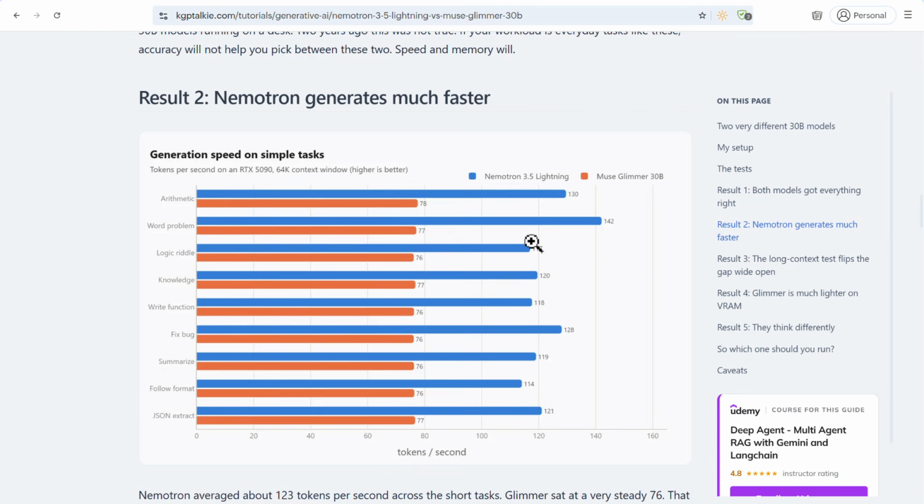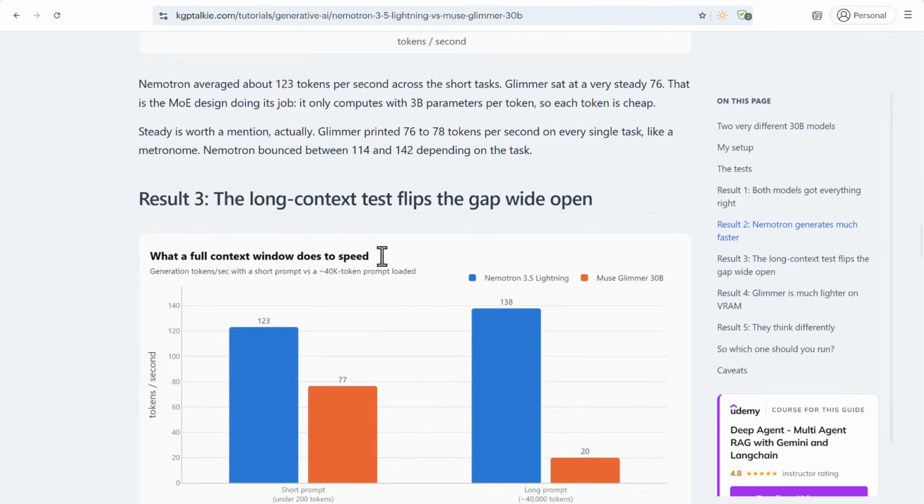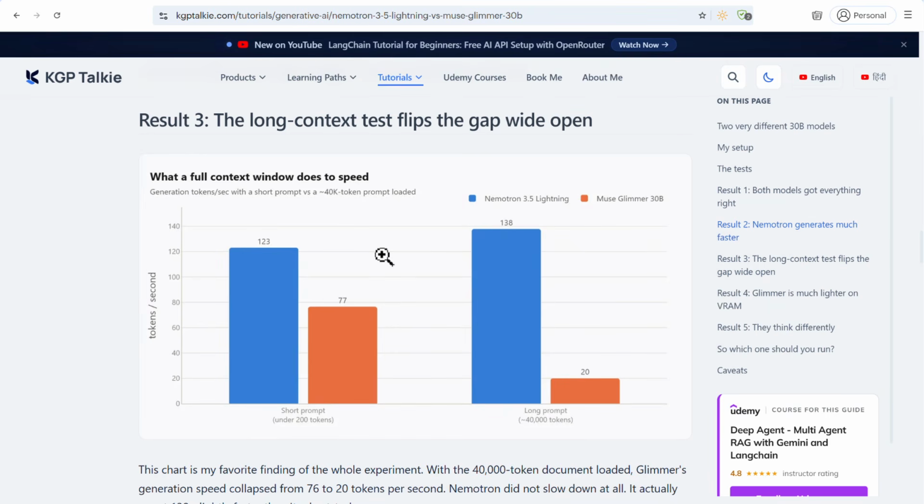That's the generation speed, and here is the GPU configuration, RTX 5090, that I used with the 64,000 context window. Alright, so Nemotron was fast, but the Muse Glimmer was quite consistent, around 76 to 78 only.